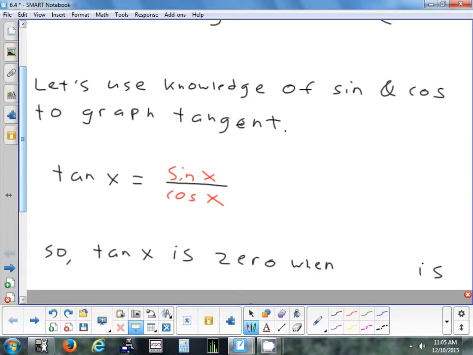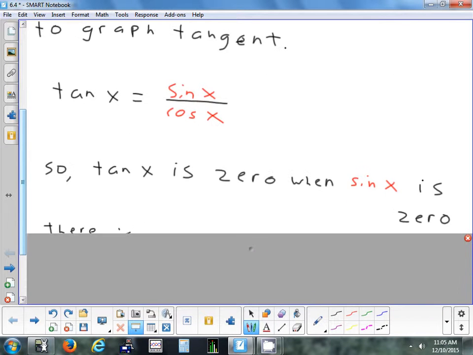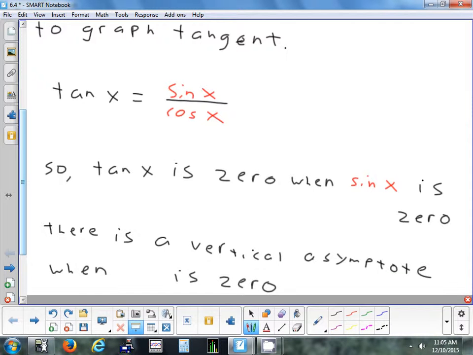Well, when sine x is 0. Yeah, whenever you make the numerator 0. So somehow we have to make sine of x 0. There's a couple places where that occurs if you think of the graph of sine, so we'll come back to that.